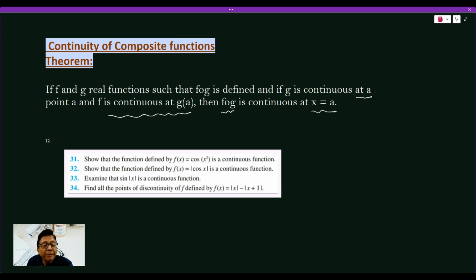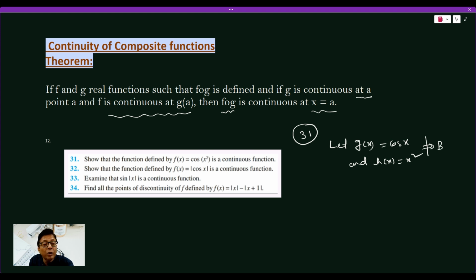They have asked you to check that the function f(x) equal to cos x square is continuous. How to check? Question 31. See, we are going to take two functions. Let g(x) equal cos x and h(x) equal x square. What is your opinion about cos x and x square?